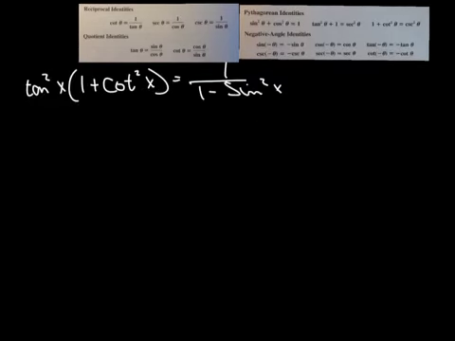Okay, so for this one we're going to work with the more complicated side right here. And we're going to take that and just not even worry about the right-hand side. So let's just leave the right-hand side alone. Let's use the distributive property.